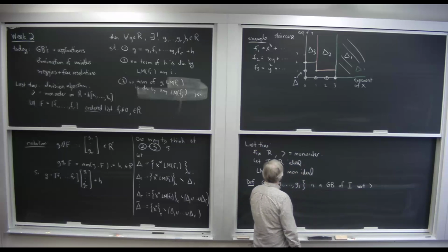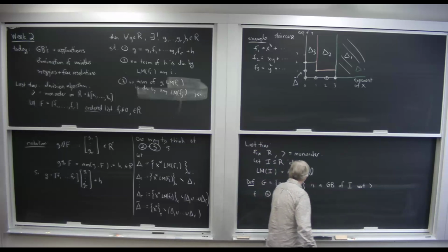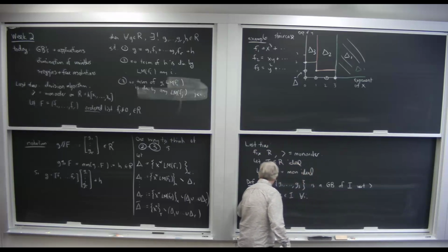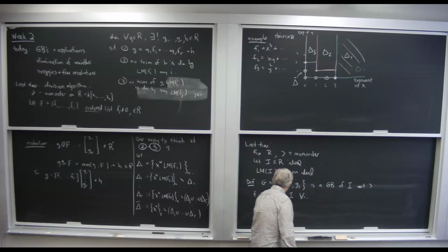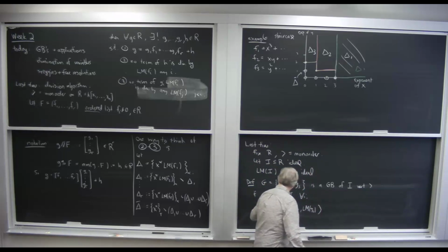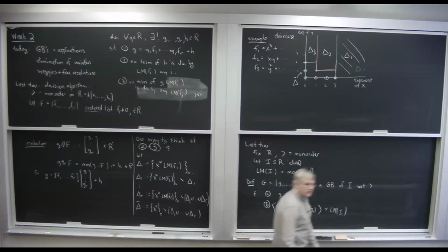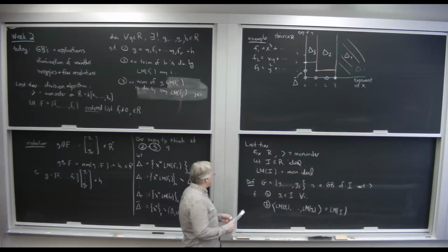A, each Gi is in I for all i. And B, the lead monomials of the Groebner basis guys actually generate the lead monomials of I. Okay, so that was the whole concept of Groebner basis.